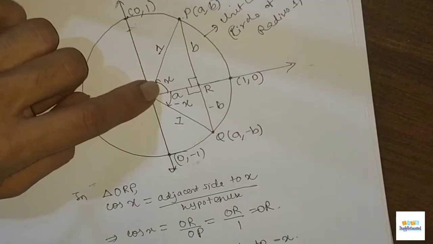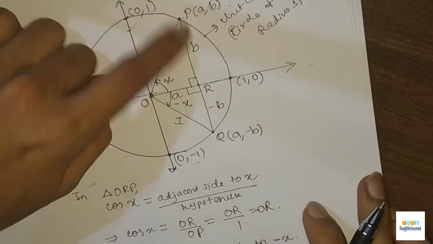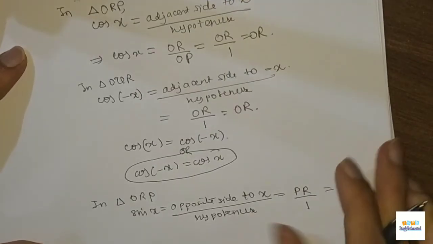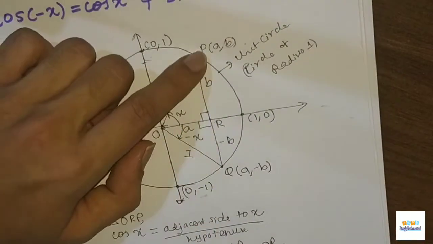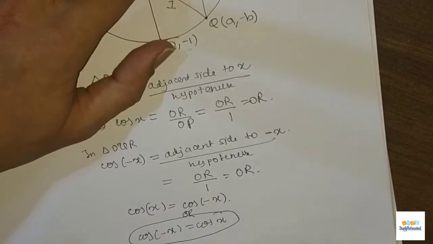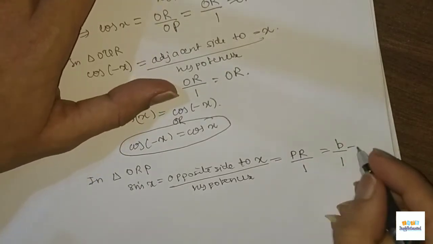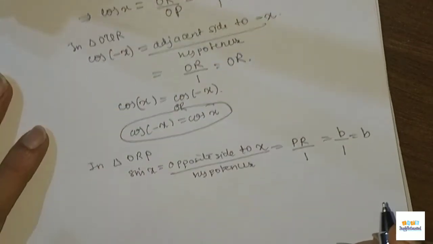The opposite side to angle x is PR. So PR divided by the hypotenuse, which is 1 here. PR is b, so b divided by 1 is equal to b.